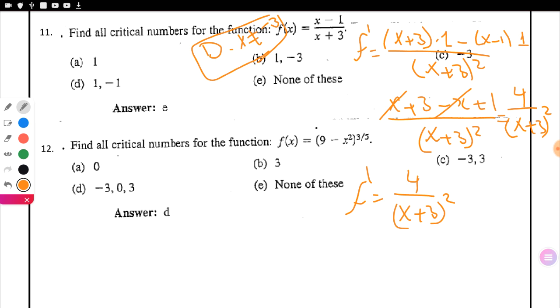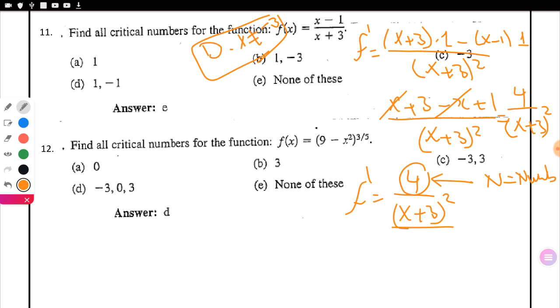It is impossible for the first derivative to be 0, because it is 0 only if the numerator equals 0, and the numerator is a nonzero number. And the denominator is undefined when x equals negative 3, but the function is already undefined at it.